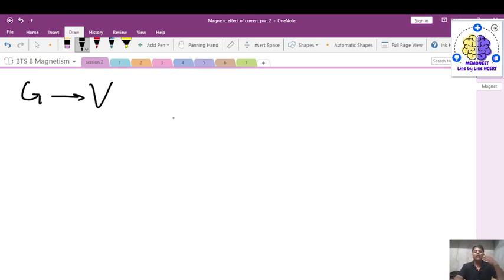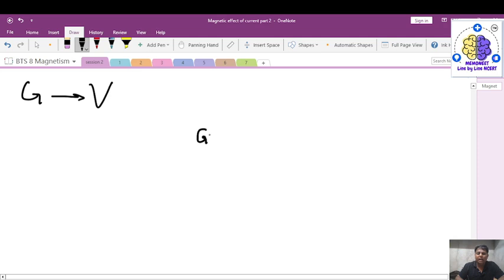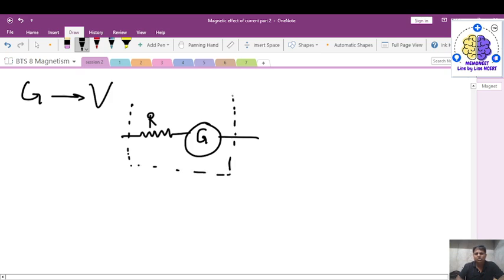So here we need a high resistance. To increase the resistance of the galvanometer, we connect a high resistance in series with the galvanometer, and that resistance we mark as R. Then this combination will work as a voltmeter for us.